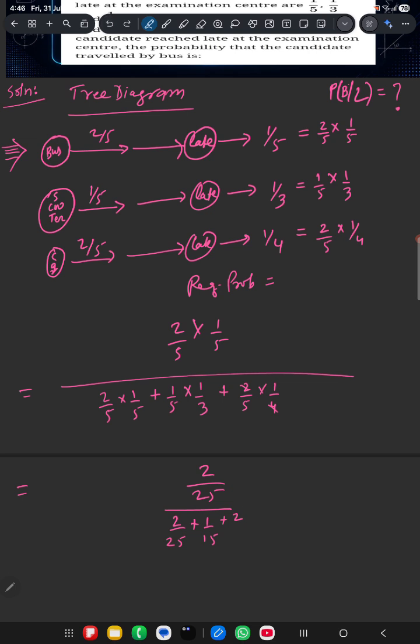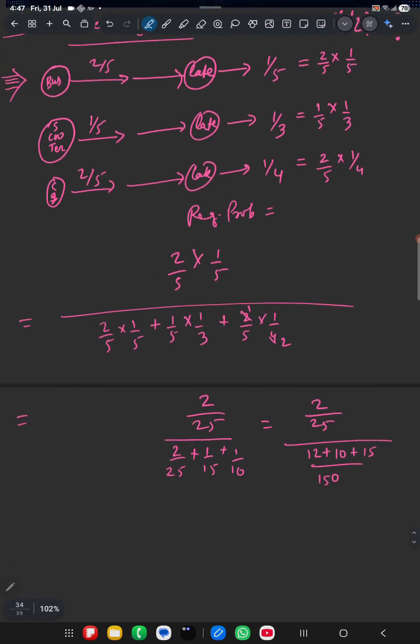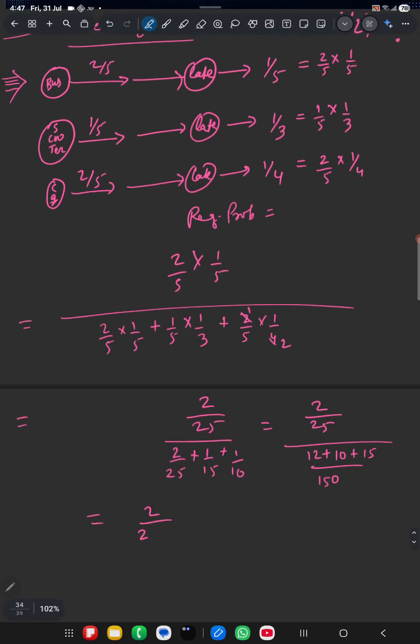The LCM will be 150, so the terms become 12, 10 and 15, which sum to 37. So you get 2 by 25 into 150 by 37, which is 6 times 2, so 12 by 37 is your answer.